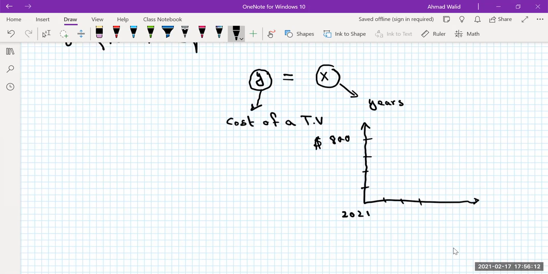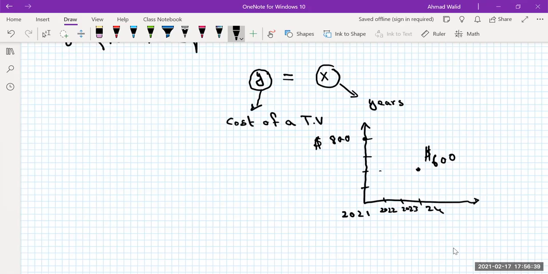After 3 years, 2022, 2023, 2024, the value of your TV is around $600, correct?